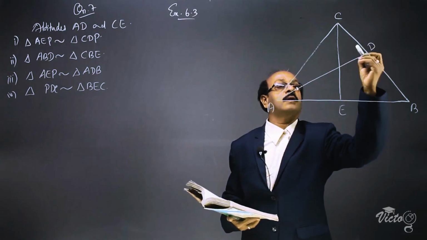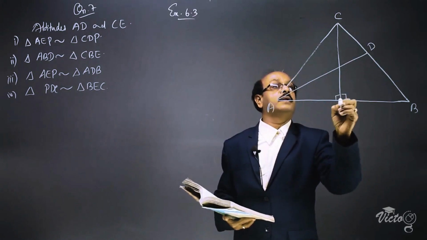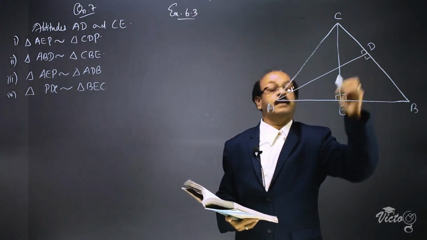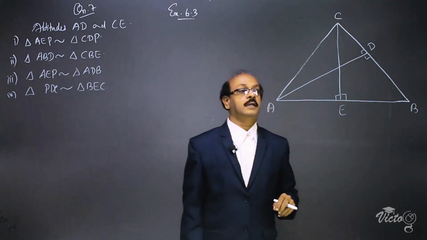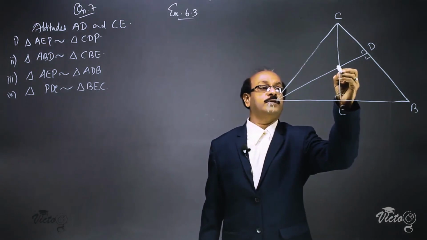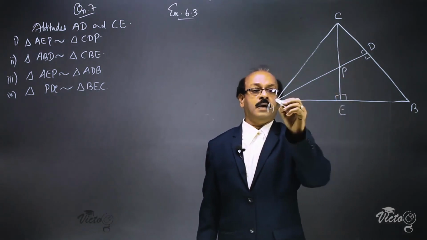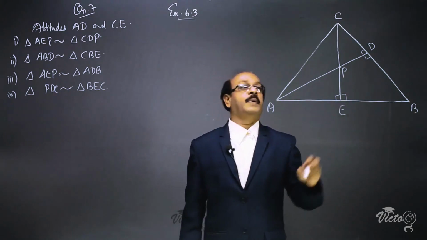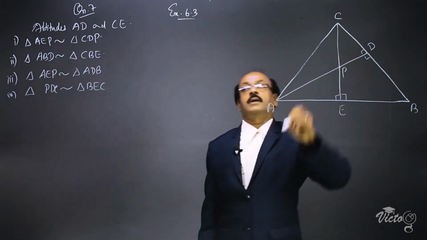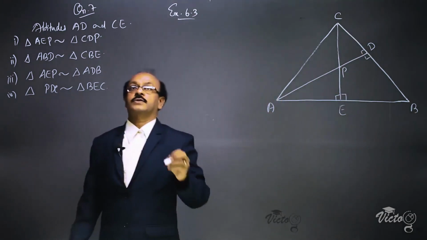This is another altitude. Here it is 90 degrees, here also it is 90 degrees. For the first part, we have to consider triangle AEP. This is the point P. AEP and CDP, this is the triangle CDP. We are proving the first part.